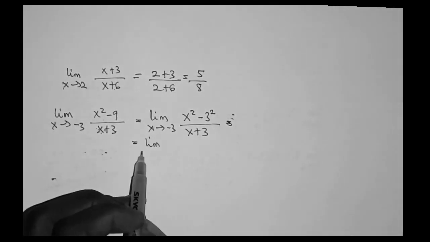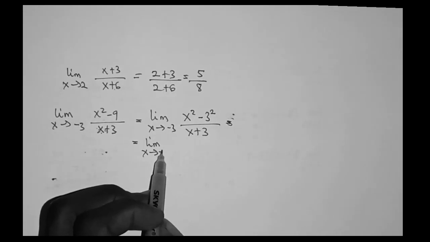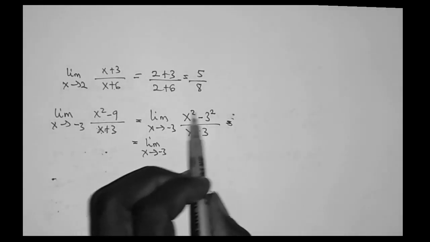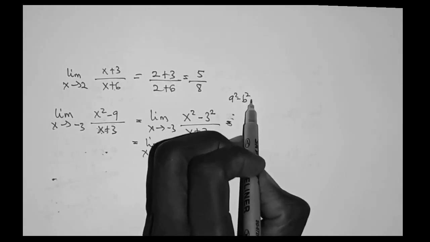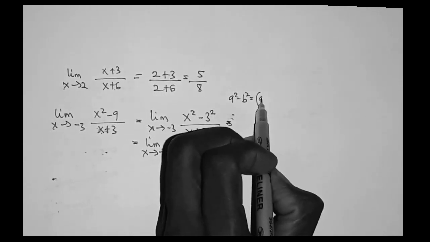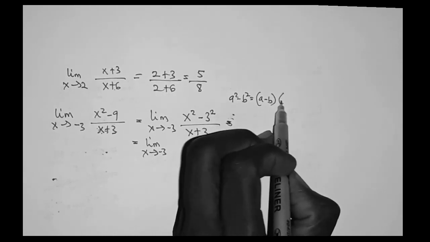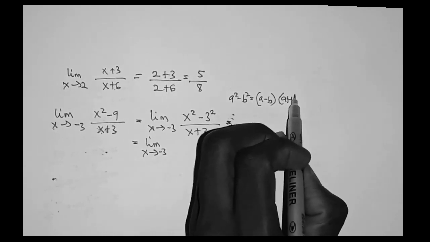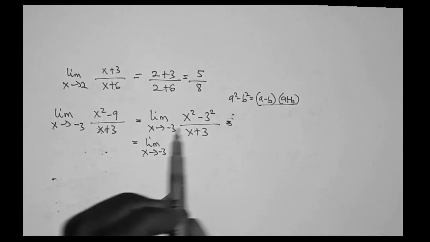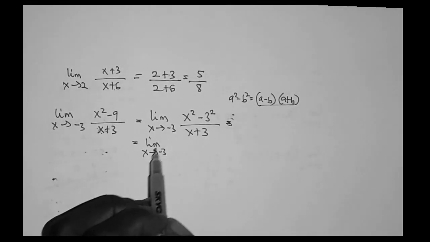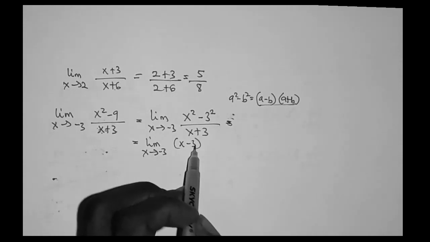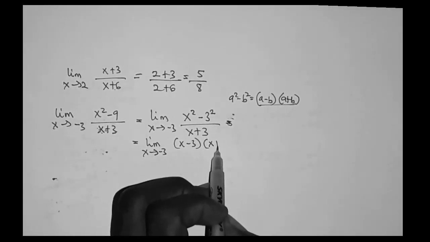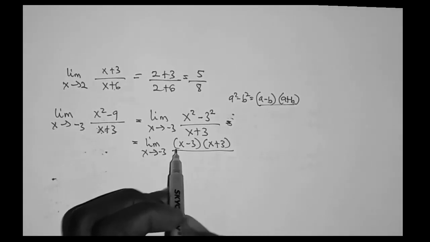Limit as x approaches minus 3. This is a difference of two squares. A squared minus b squared is equal to, in one bracket, a minus b, then in another bracket, a plus b. So let's use this expansion. This is equal to, in one bracket, x minus 3 times, in another bracket, x plus 3, divided by x plus 3.